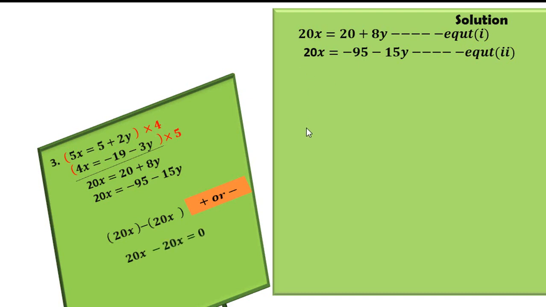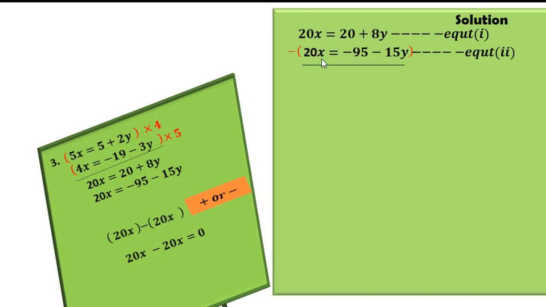So that's the work of the negative sign. Coming up here, the negative will be used there. That is, I want to subtract equation 2 from equation 1. That is what works now. So subtracting equation 2 from equation 1, it means what?